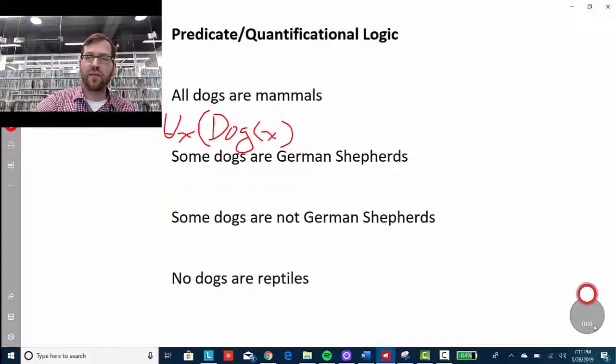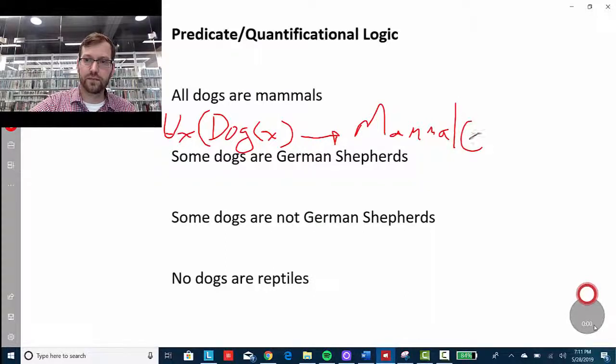And we're saying that for everything, if it is a dog, then it's a mammal, which is the same thing as saying all dogs are mammals. And that might be one way that we represent that English statement in first order logic.